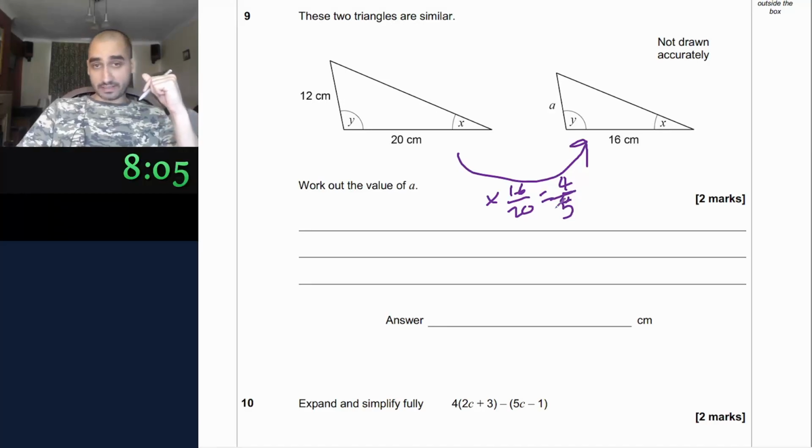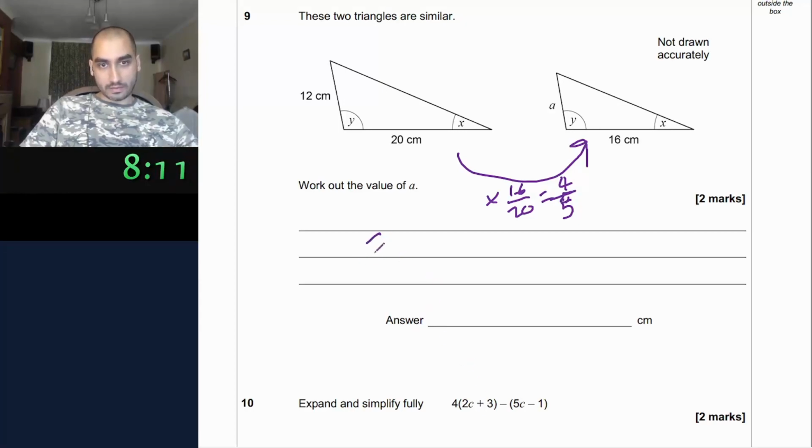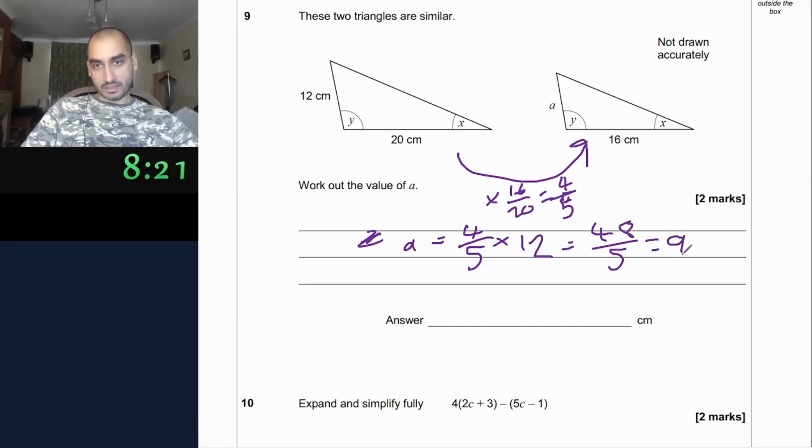So it's a scaling factor of 4 over 5. Okay, so A equals 4 over 5 multiplied by 12, equals 48 over 5, which is 9.6.